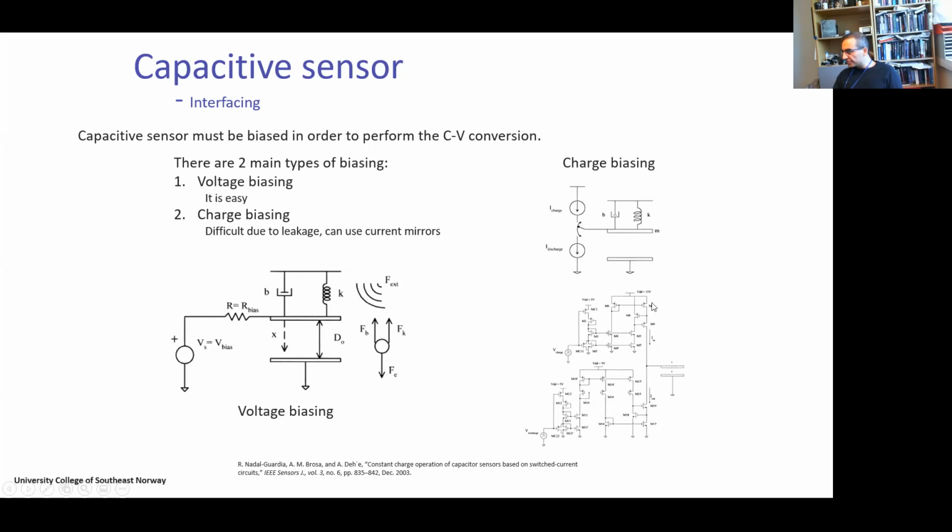Here's a circuit from a paper called Constant Charge Operation of Capacitor Sensors Based on Switched Current Circuits, and they have created somewhat more complicated current mirrors. Again, there are many works in the literature that show how it's been done.